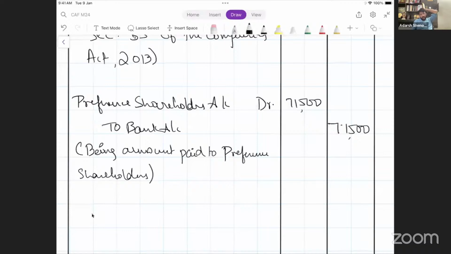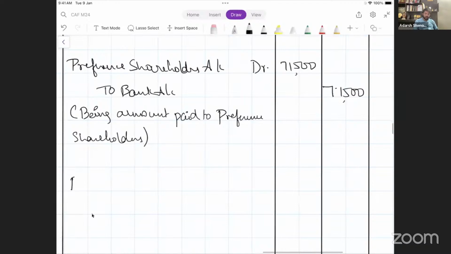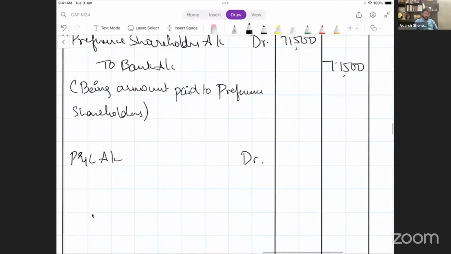And then finally, we will have to write off the premium. This premium is debited to profit and loss account. So P&L account debit to premium on redemption account 6,500.